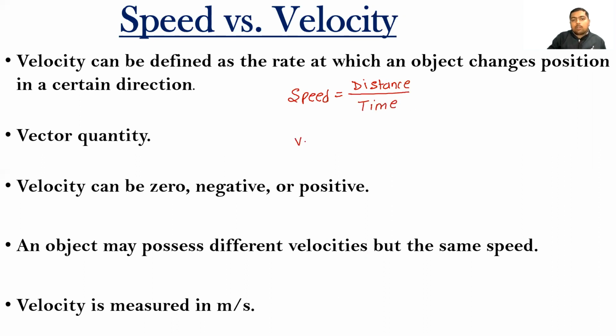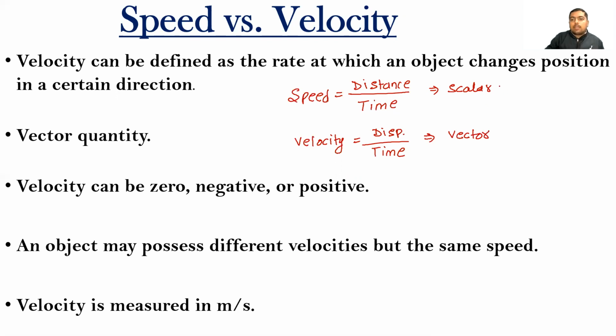And velocity depends on displacement, so its formula becomes displacement upon time. Speed depends on distance, that's why speed is a scalar quantity, and velocity depends on displacement, that's why it is a vector quantity.